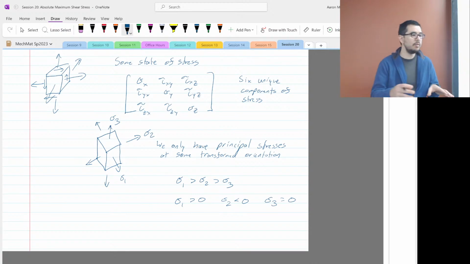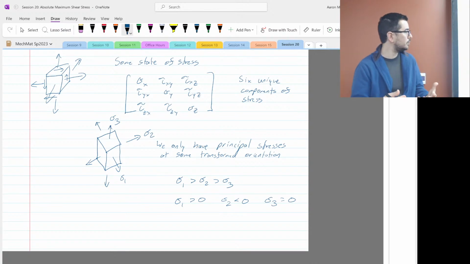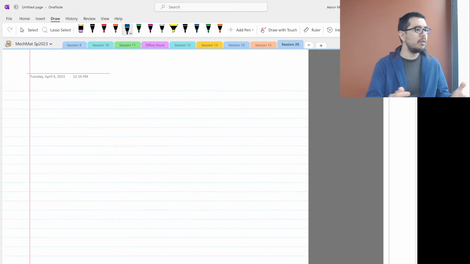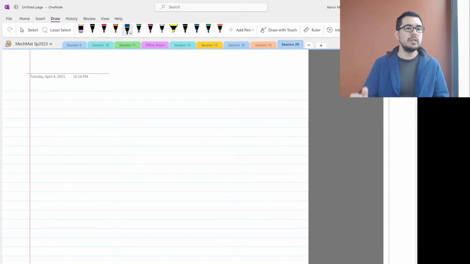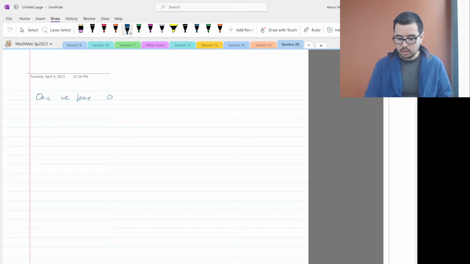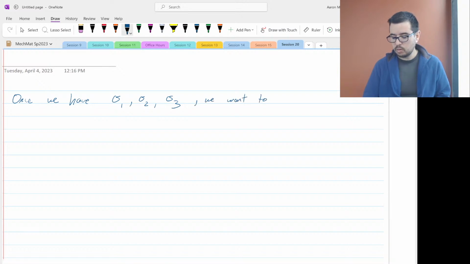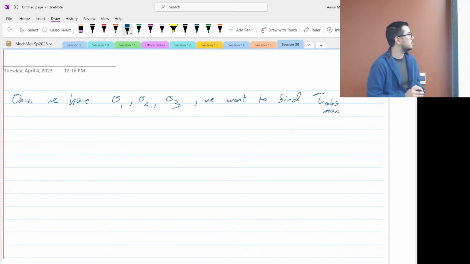So once we have these three principal stresses, sigma 1, sigma 2, sigma 3, the goal is to find the absolute maximum shear stress.